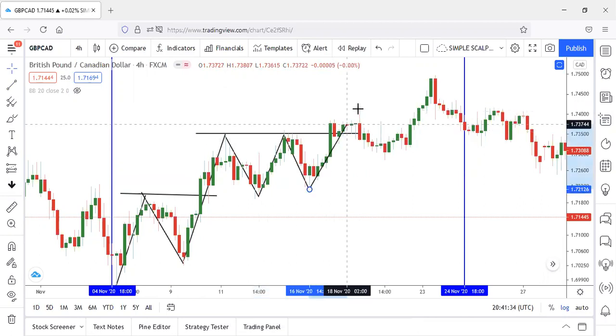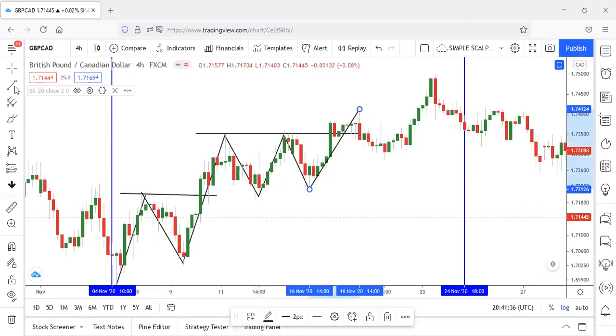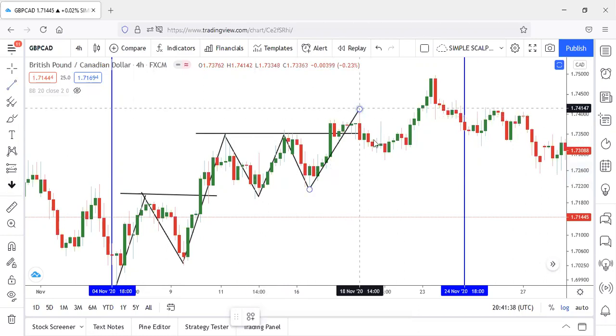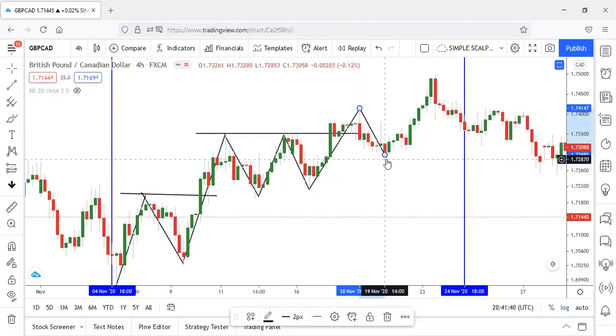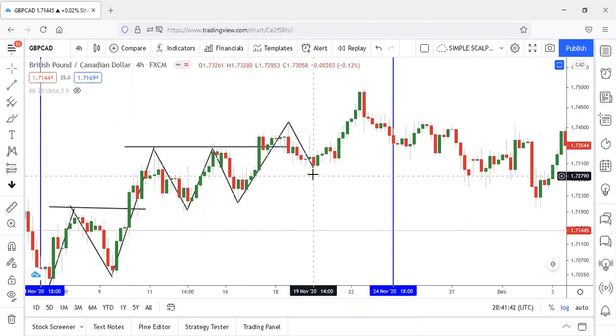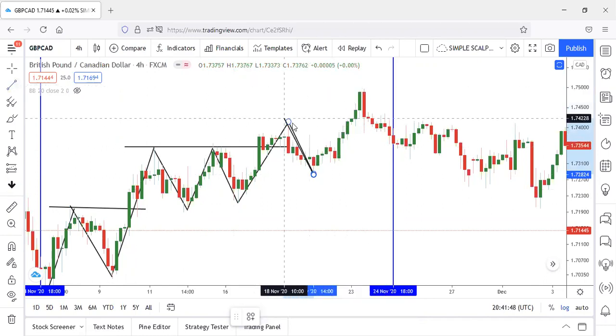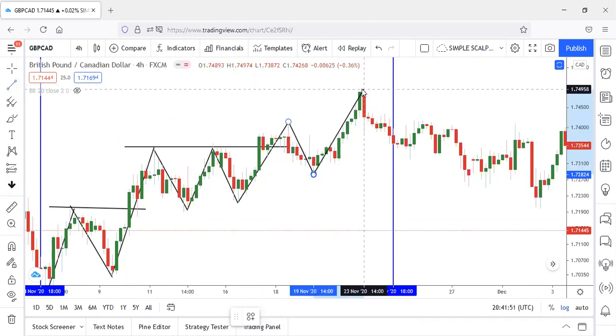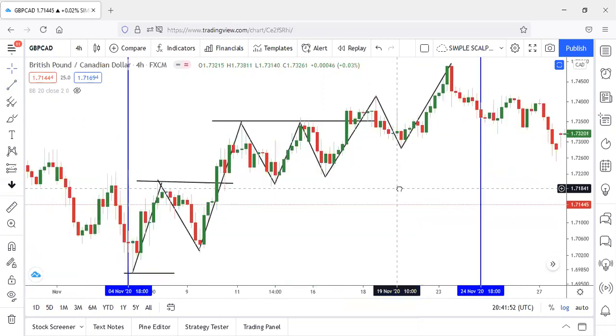Now it got to this place and reversed, presenting another pullback right here. Then the next thing that happened was another break of structure right here. Look at it, it went to this place and stopped.